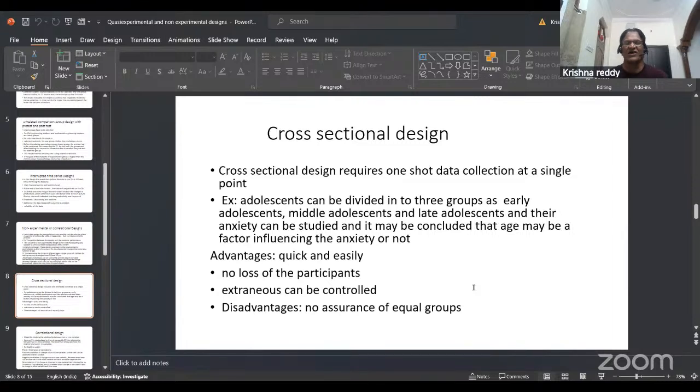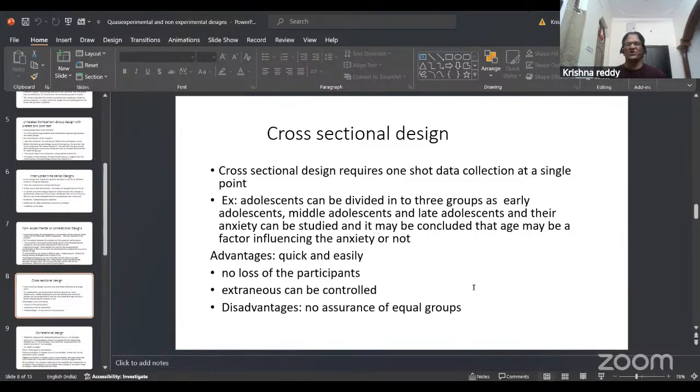Then middle adolescents, who are at the age of 16 years, we can call them middle adolescents. And late adolescents means at the age of 18. And their anxiety can be studied, and it may be concluded whether age is a factor influencing anxiety or not. Because of the different ages, 14, 16, and 18 years, you are testing the anxiety.